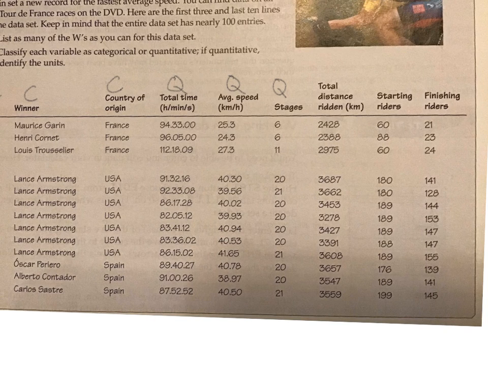Total distance ridden has a unit, so it is quantitative. Starting riders has an amount, riders being the unit, so that is quantitative, and finishing riders, riders being the unit, so that is also quantitative. And that is all for today.